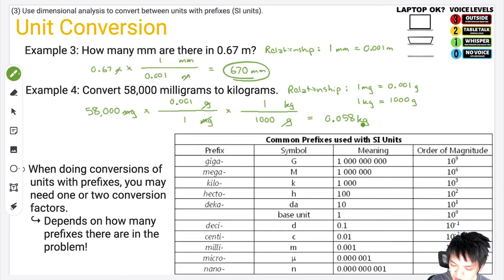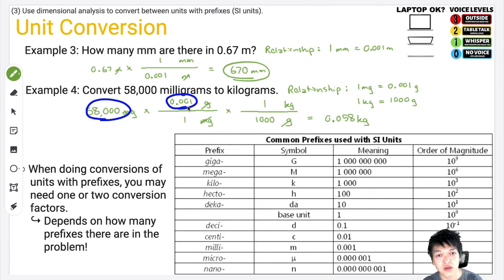This sort of makes sense because if you multiply by a small number, it should make it smaller. And then if you divide by a big number, it should make it even smaller. We have a pretty small number here. Also, this kind of makes sense because we're starting with milligrams, like we have a lot of milligrams. How many kilograms is it? Kilograms are big units, so you shouldn't have that many kilograms.